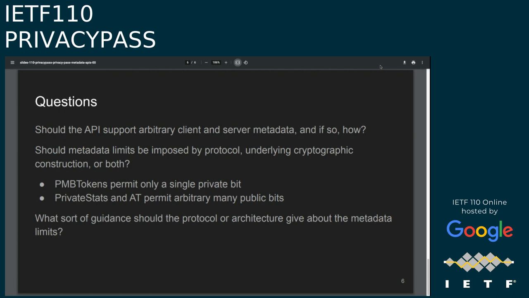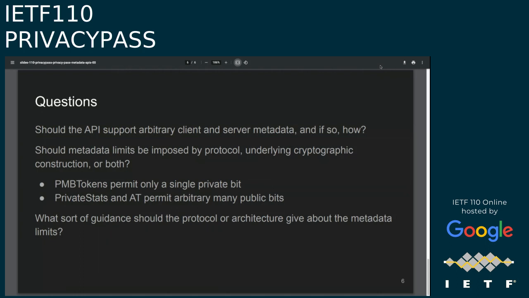Secondly, as I've mentioned a number of times, the cryptographic construction underneath constrains exactly what sort of metadata is possible. In the PNB token case, you can only have a single private bit of metadata, so you can't arbitrarily add any more. But the other variants like private stats and so on are much more flexible and permit more bits.